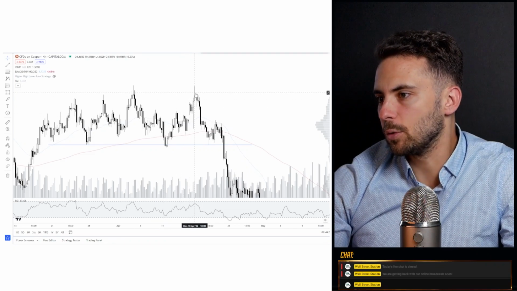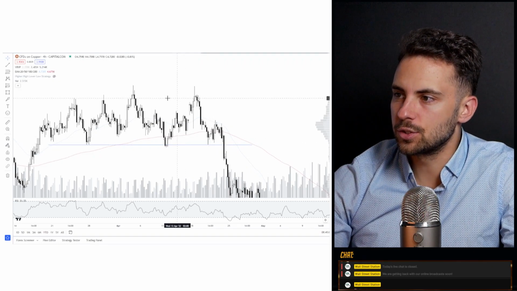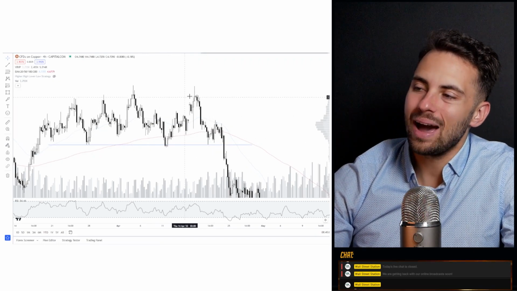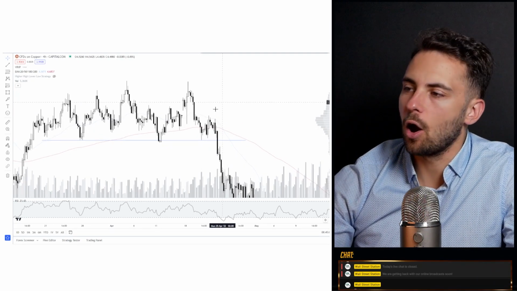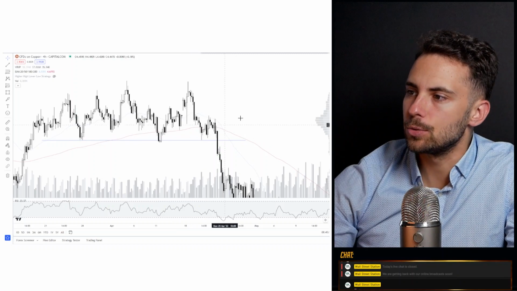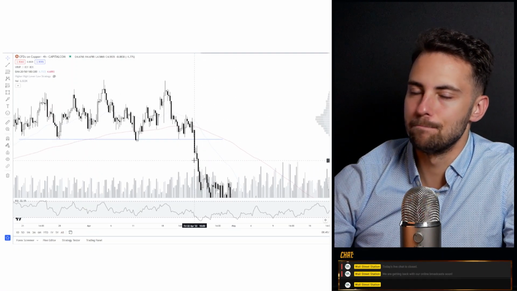And right after, when we touched the support once again, this crawler move, the lower highs, lower lows structure started to weigh on the copper price, and right after, we could find that we broke down massively.